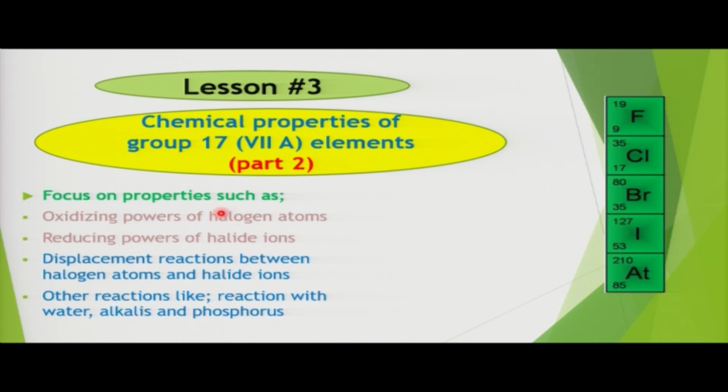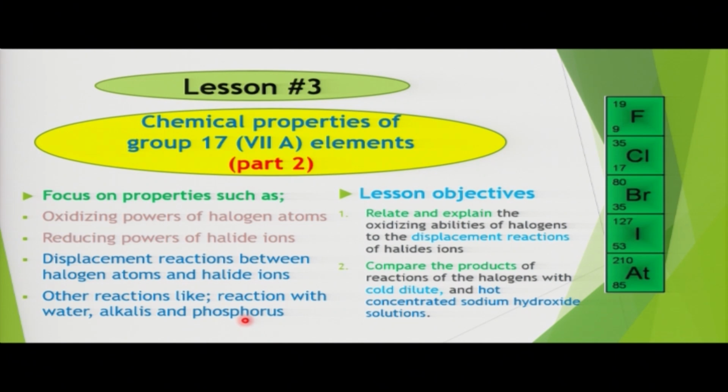So in the previous lesson, we looked at the oxidizing powers and the reducing powers, indicated in light pink color. So today we're going to focus on displacement reactions and other reactions like reacting a halogen with water, alkalis, and so on.